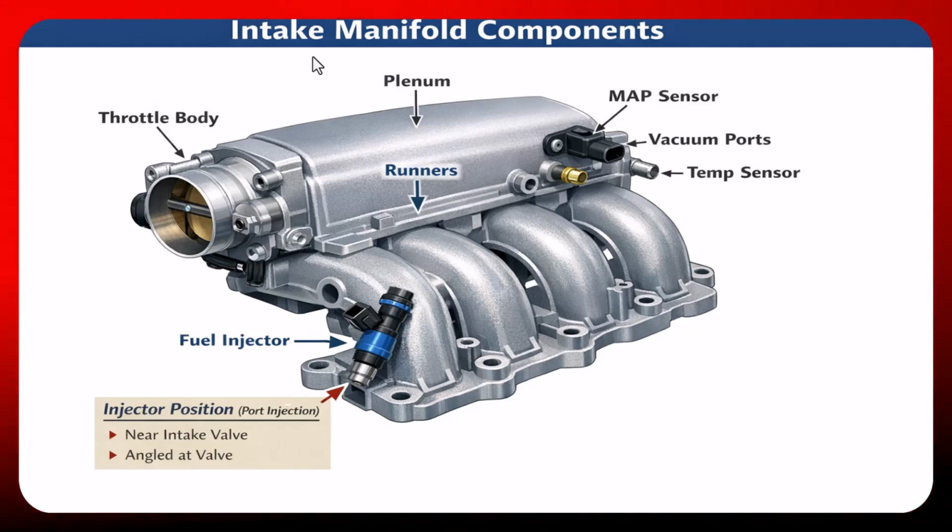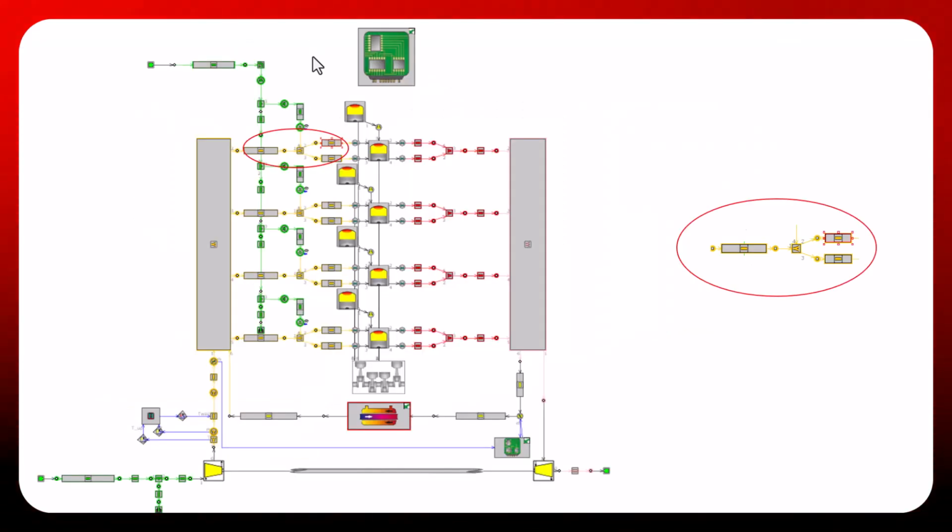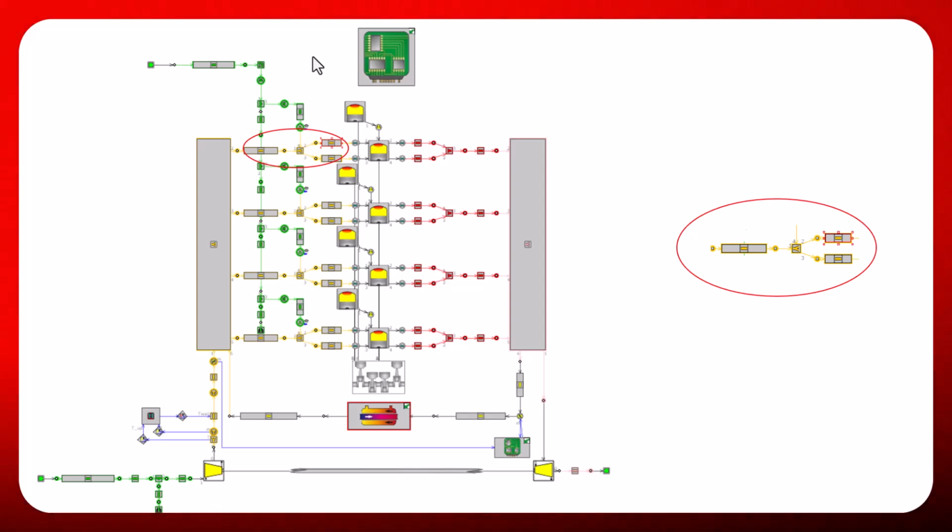The injector is not on the manifold; it sprays fuel directly into the combustion chamber. For summary, for optimal injector placement on an intake manifold, mount it on the runner close to the intake valve, aimed at the valve for best optimization and efficiency.